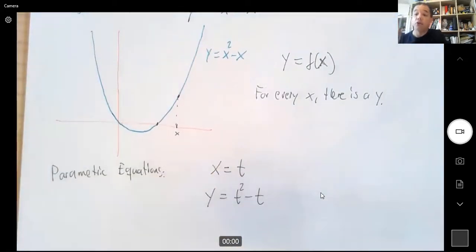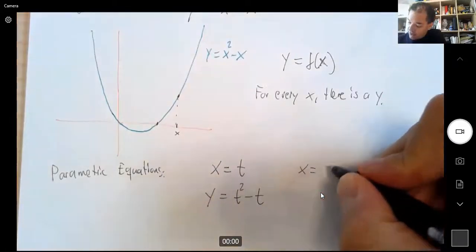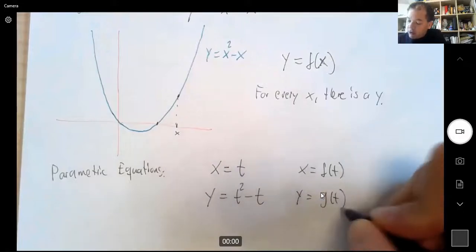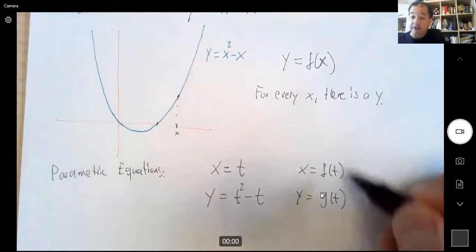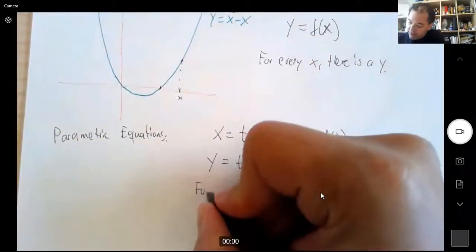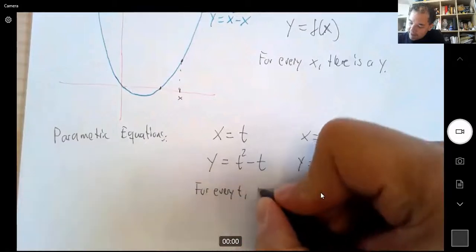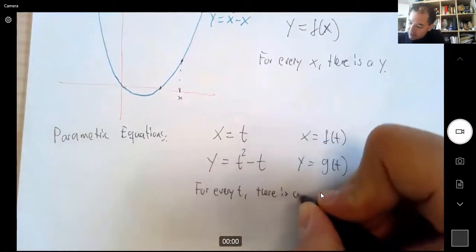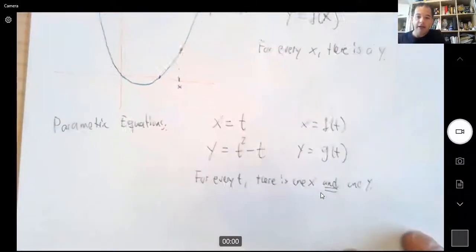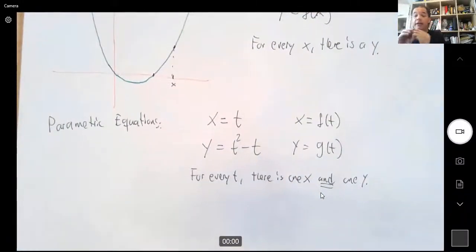So look, now we have two equations, one for x and another one for y, and the variable is now t. For every t, there is one x and one y. You can think that for every t, you get an x coordinate and a y coordinate, and that describes, say, the position of some object at time t.